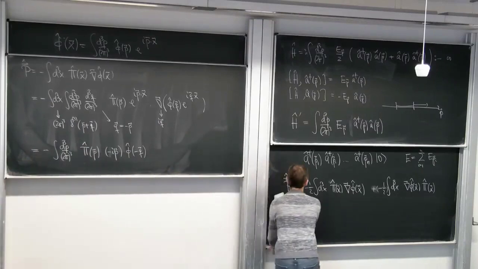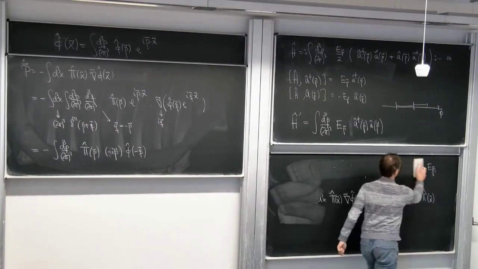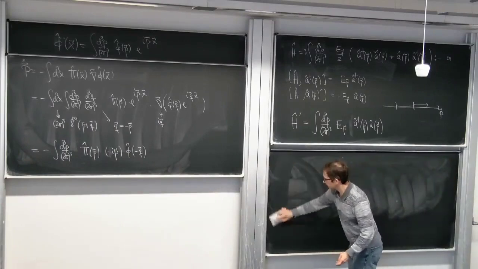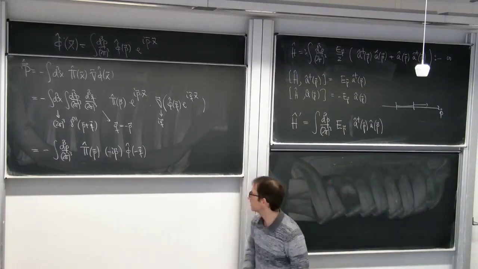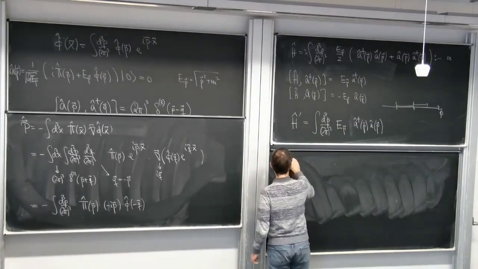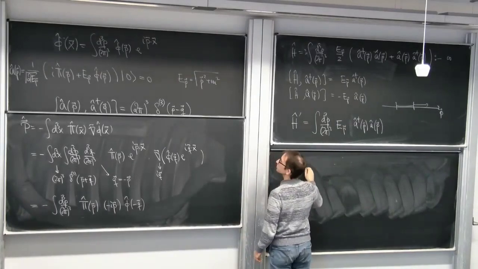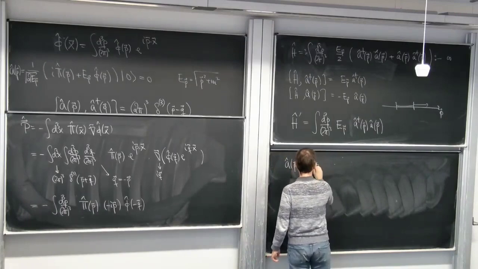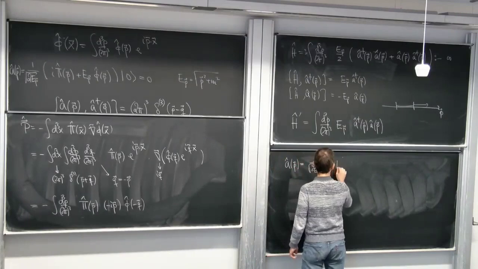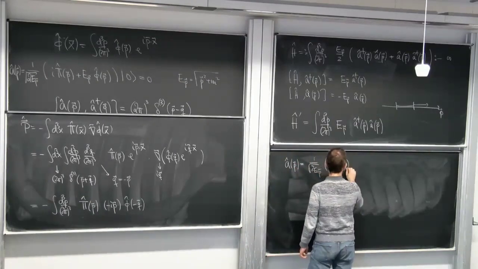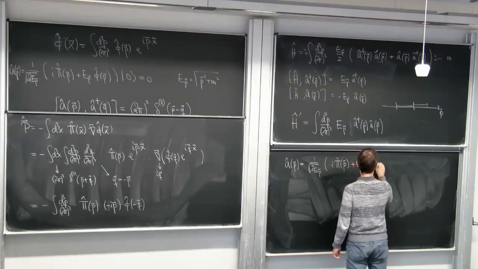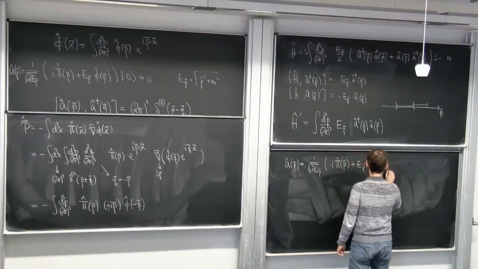All right. Now, the a of p was defined as 1 over the square root of 2 omega p, times i pi of p plus omega p phi of p.